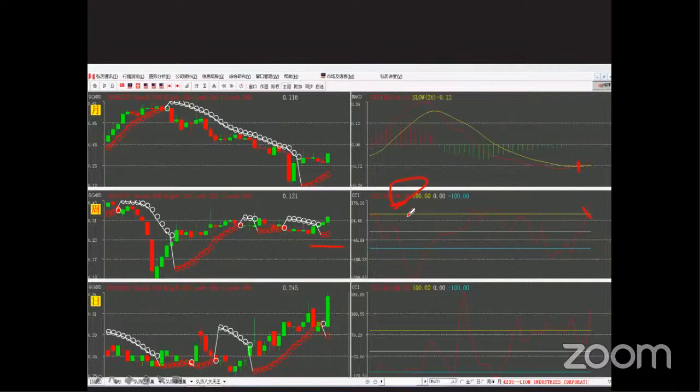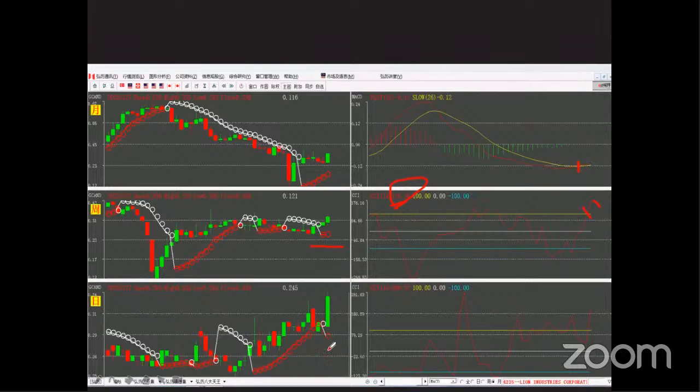So it belongs to the high risk area, right? High risk area. So once later this line turns down, then we must make the decision to sell, right? So it's not a good timing for us to get in based on the weekly chart since it's in the high position already.